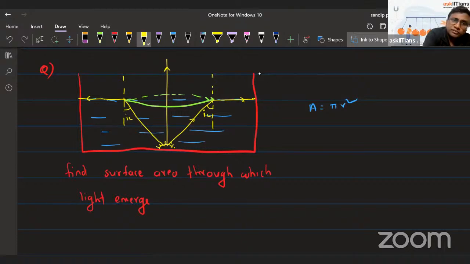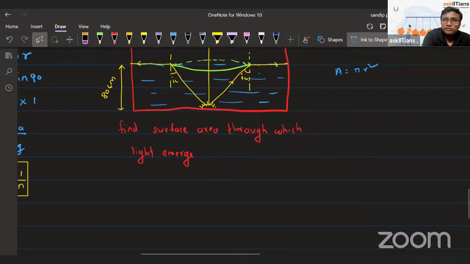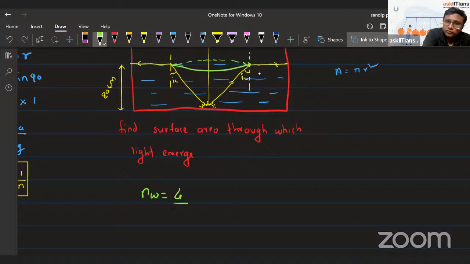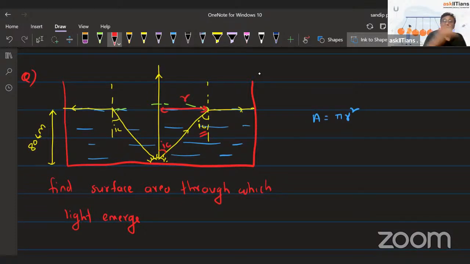They will provide this height as 80 centimeter, and the refractive index of water, n_w, is 4/3. If this angle is IC, our job is to find the radius. Once we get the radius, it's easy. So this is your radius. If this angle is IC, this is exactly IC as well, alternate interior angles.